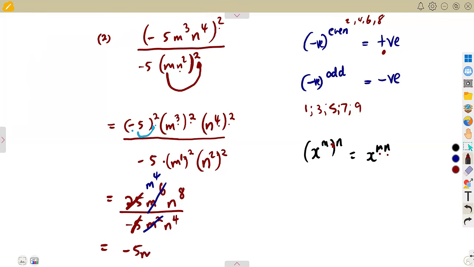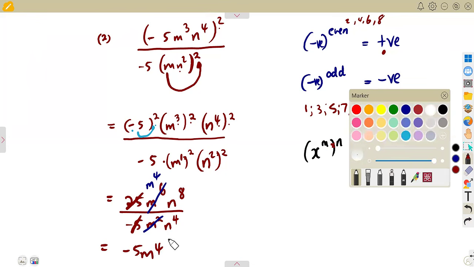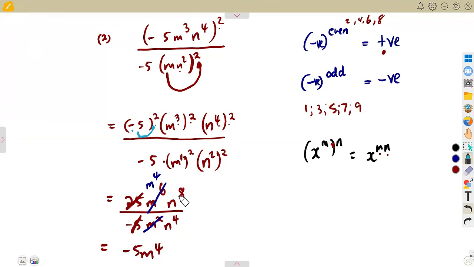So that is m to the exponent of 4. The same thing on the n. They are 8 here, here they are 4. So if we cancel these 4 into these 8, 8 minus 4, meaning we are going to remain with 4 of them. So that is n to the exponent of 4.